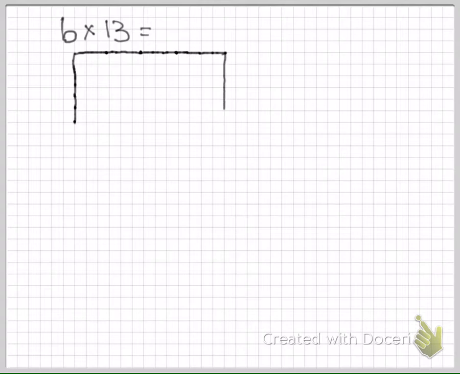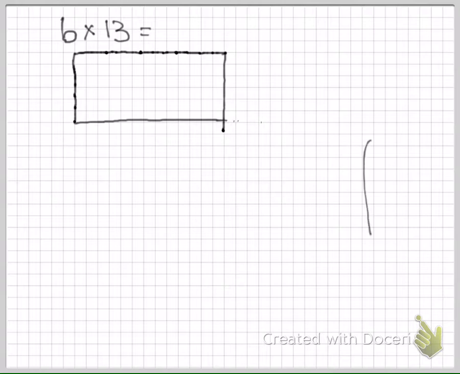Now I'm going to finish breaking off the square. Okay, so we now have our number, and we now have our square.